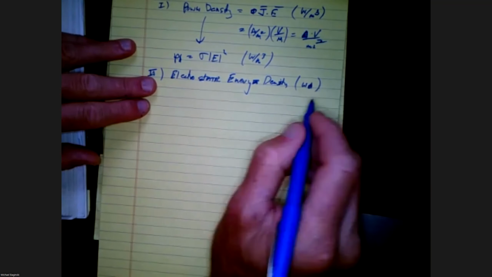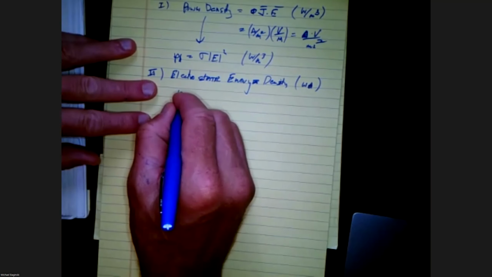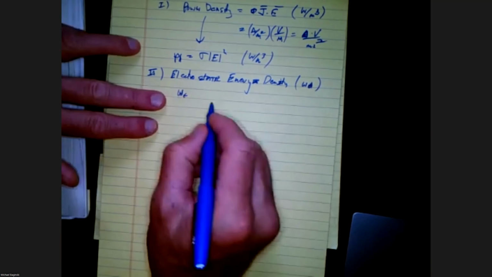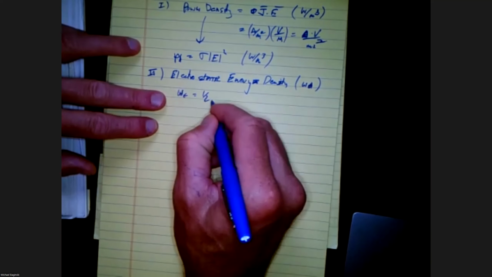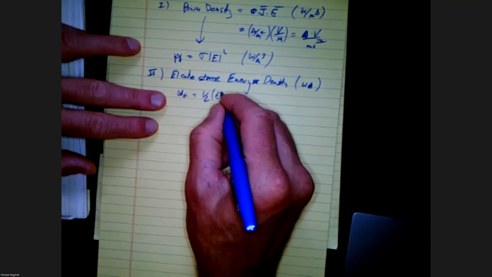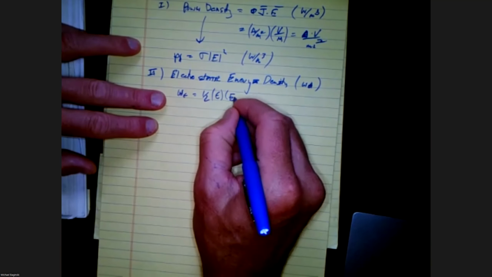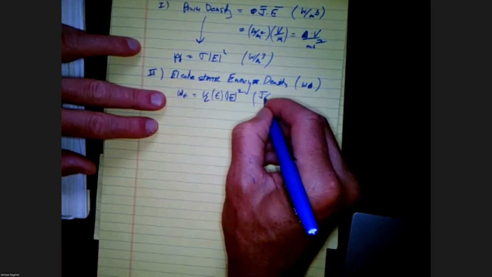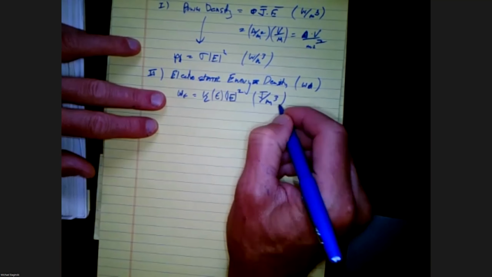I'll call it W D. It doesn't matter the symbol. The electrostatic energy density will be equal to 1/2 epsilon times the magnitude of E squared, and this is going to be joules per meter cubed.